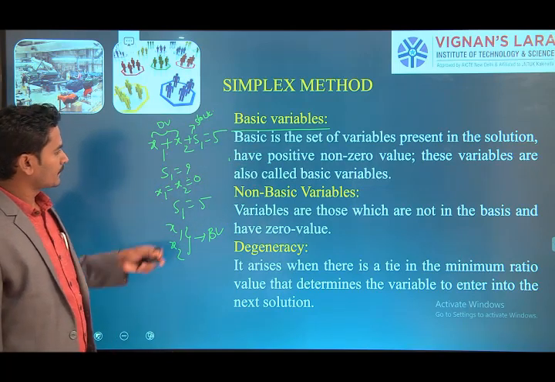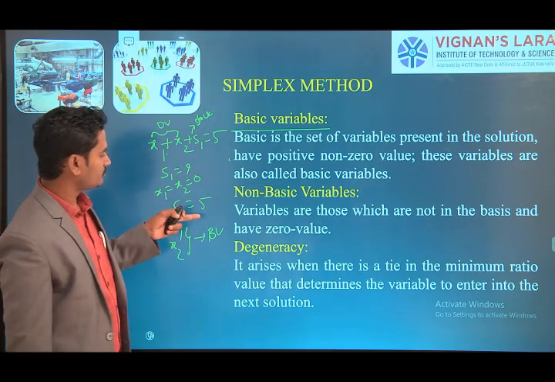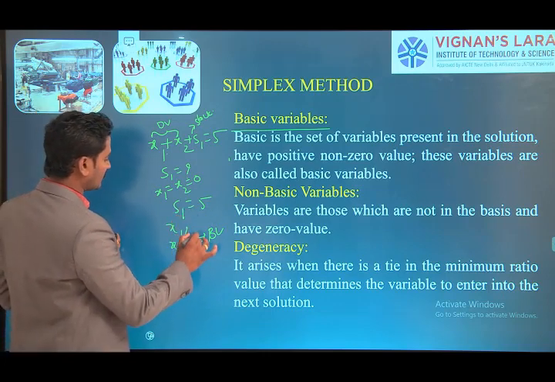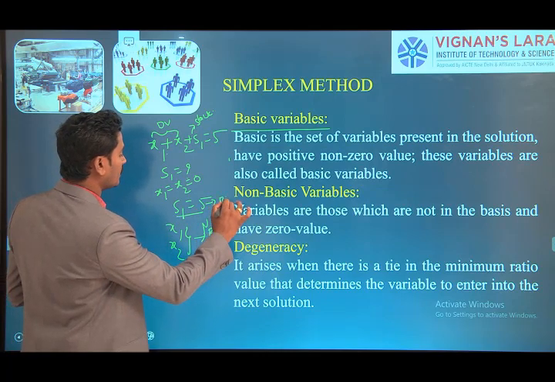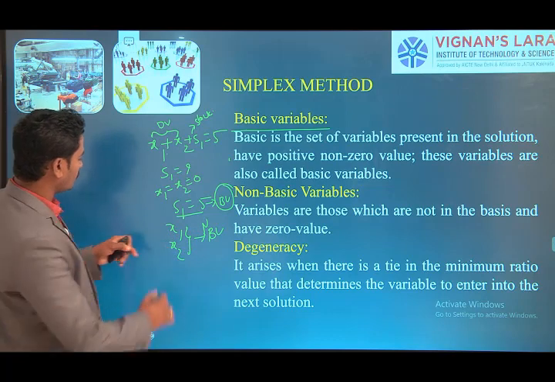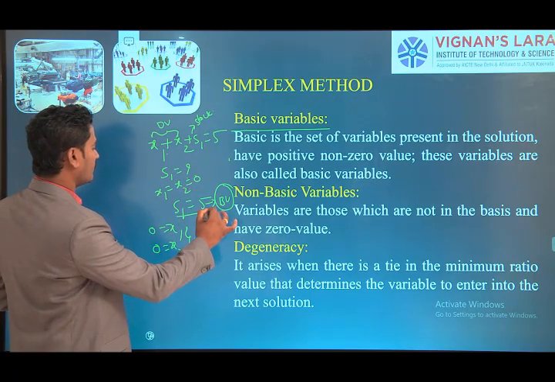Here x1 and x2 are the non-basic variables and s1 is the basic variable. The value of the non-basic variable is 0, and the basic variable value is 5.